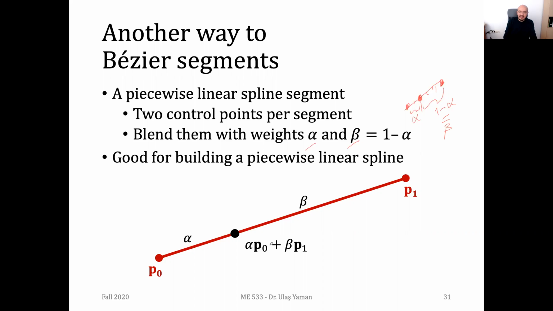So this is how we obtain the piecewise linear spline, a very simple representation. Any intermediate point is represented with the weights alpha and beta, which are multiplied with the control points. Alpha is the weight of the starting point, and beta is the weight of the end point. By using it, you can determine any intermediate point.